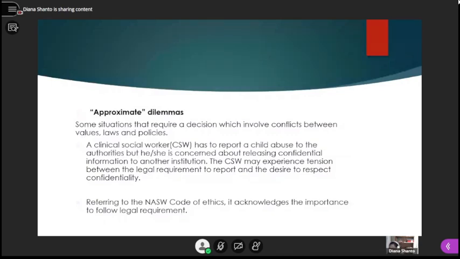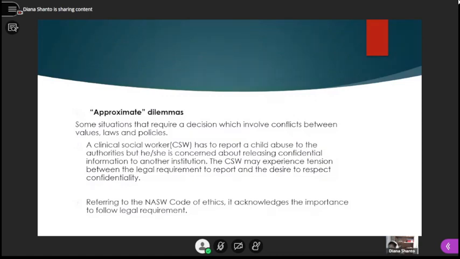As professional, as anyone, be it the teacher, si c'est à l'école, the teacher, the head of school, the social worker, the psychologist, or at the hospital, the medical practitioner, and clinical social worker, any professional, during your duty, you have a child who talks about abuse, sexual, physical, you have to report it.